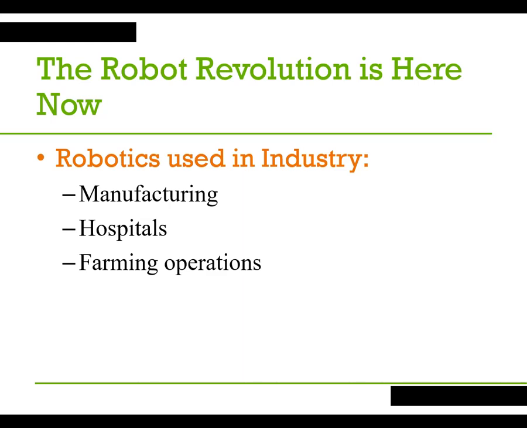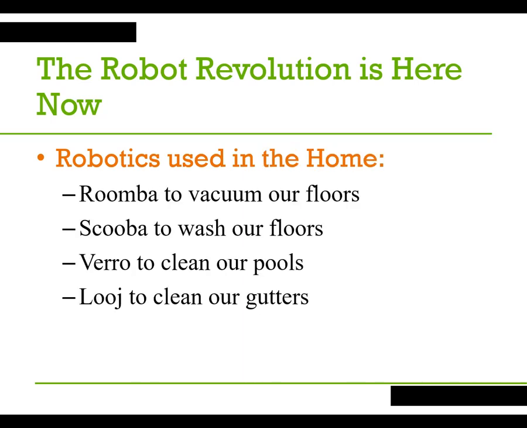They're finding applications for robotic controlled devices in just about every area, including our homes. I'm sure you've seen the Roomba ads on television or social media to vacuum your floor, or they have a different one to wash floors or to clean pools. And there's even a robotic lawnmower that will periodically just go out and it zigzags around your yard and cuts your grass.